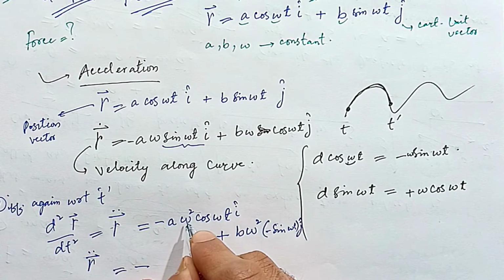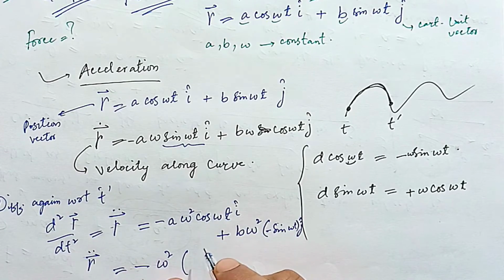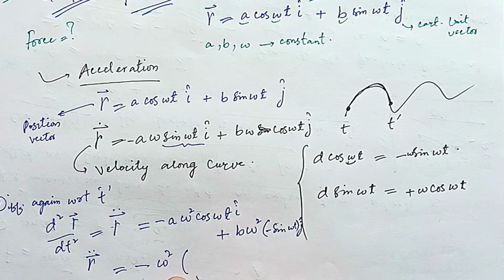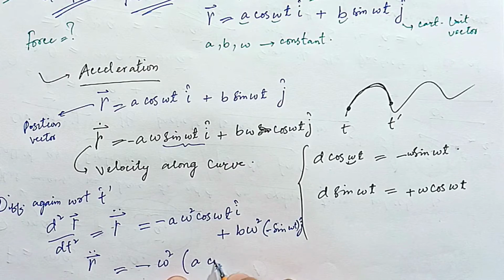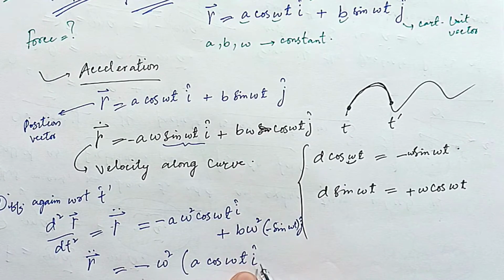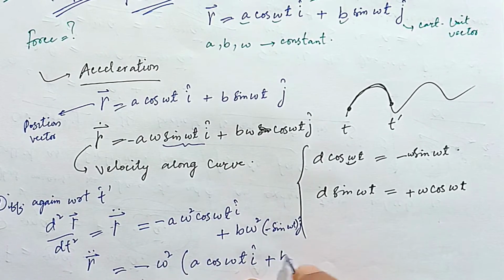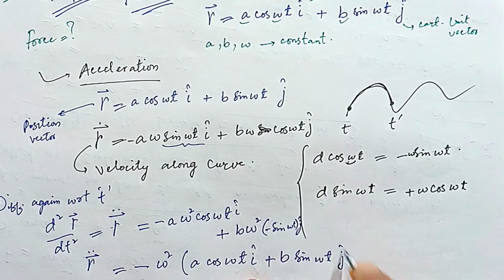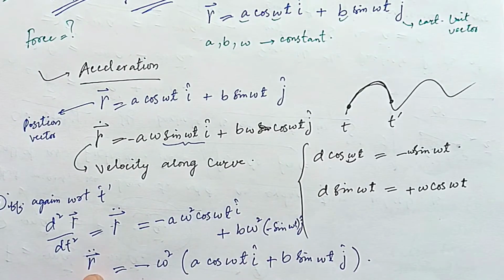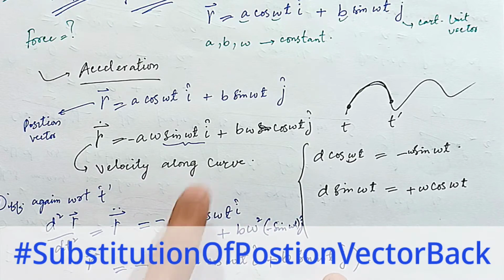What we get inside the brackets is a cosine omega t along the x-axis i, plus b sine omega t along the j-axis, because the minus and omega squared are outside. So this will be the acceleration, but if you look at a cosine of omega t, b sine of omega t, it is the position vector.